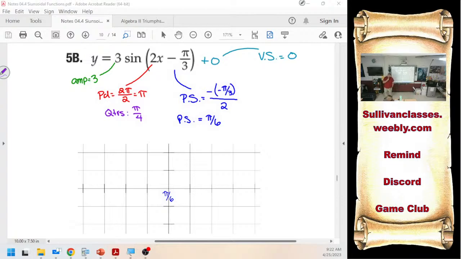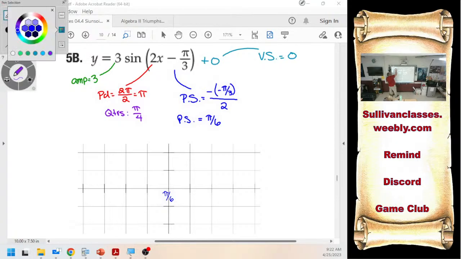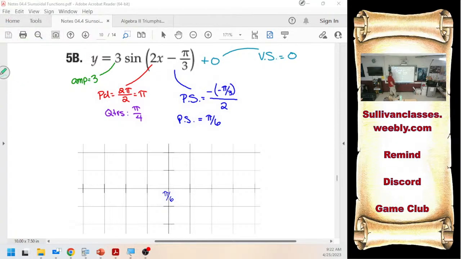Now, if you need to do a little bit of side work on these, so long as you have things reduced when you're finally done, what is the least common denominator between 4 and 6?